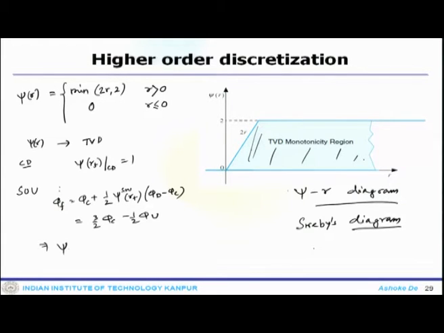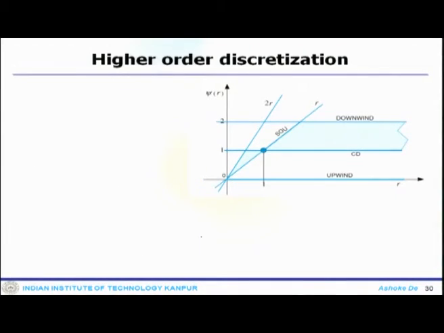So this gets you back, for second order upwind, to (phi c minus phi u) divided by (phi d minus phi c), nothing but rf.